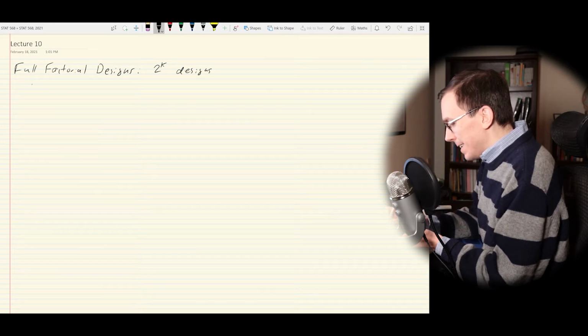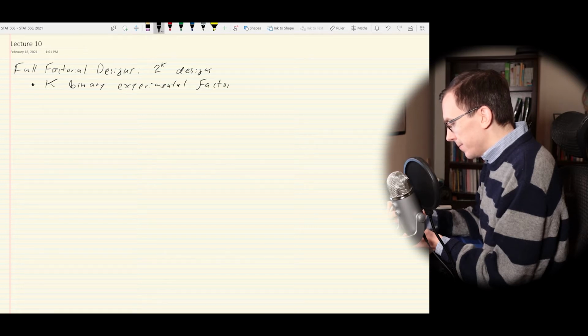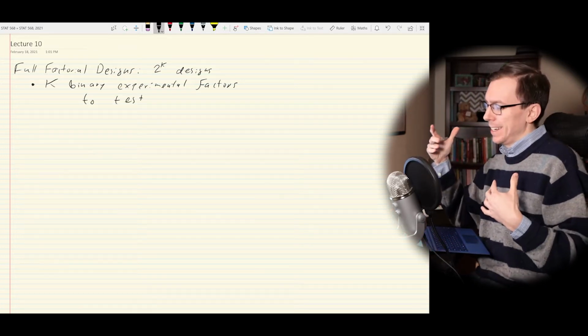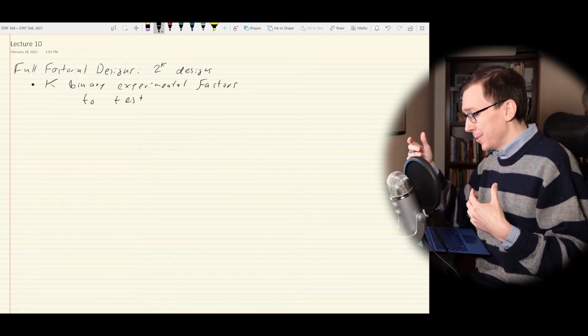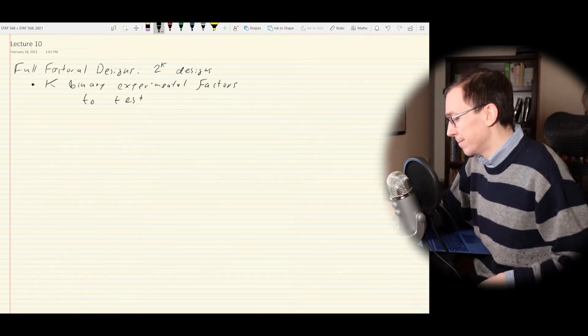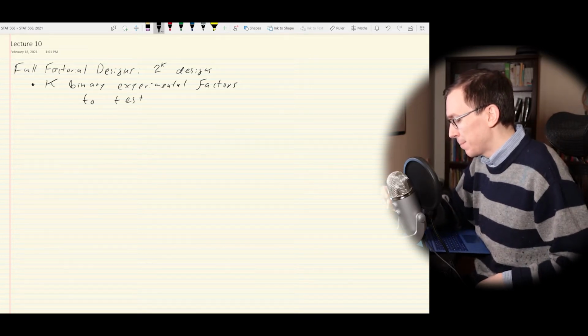So the rough idea here is we have basically k binary experimental factors to test. Now, because we're in this setting, right, we have lots of different combinations that we need to test. And we're going to need a fairly big sample size to do it.